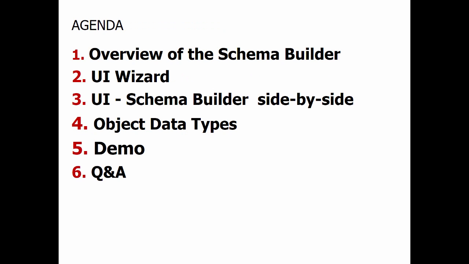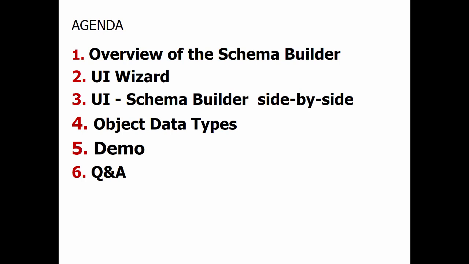So here's the agenda for today's session. Basically, I'm going to do an overview of the Schema Builder. Then, so that I can use the UI wizard as a basic comparison, I'm going to go through that and show you how to create an object and add some fields to it.